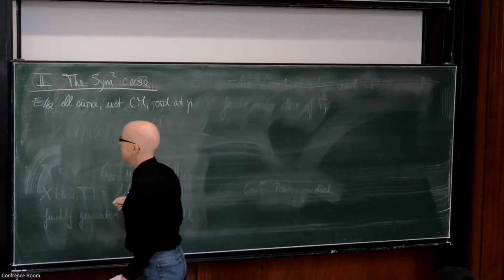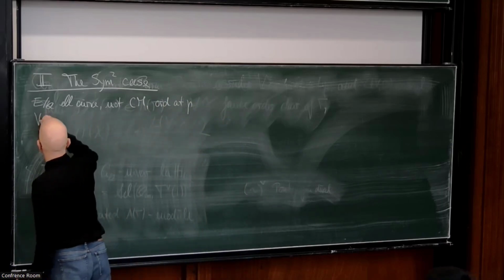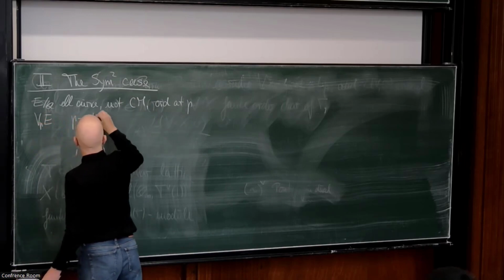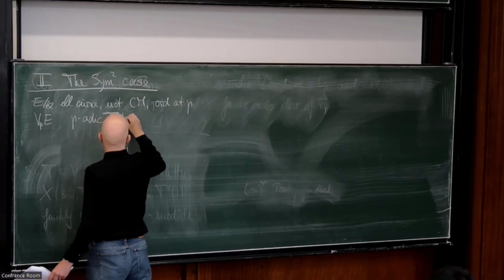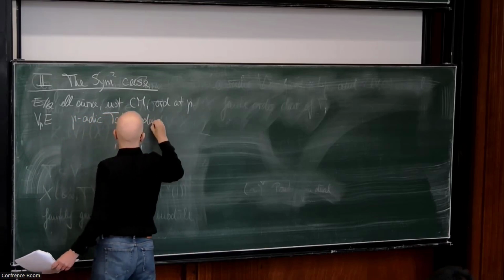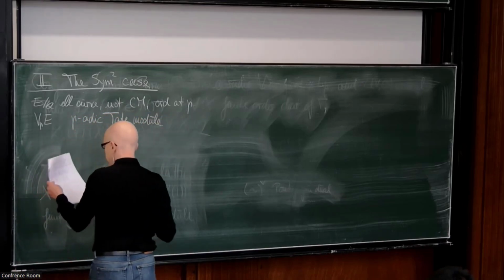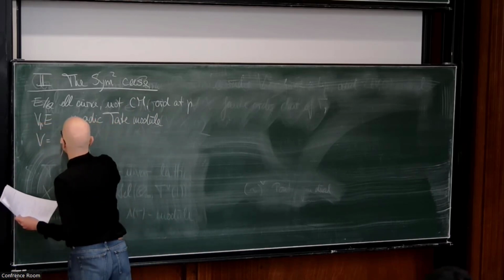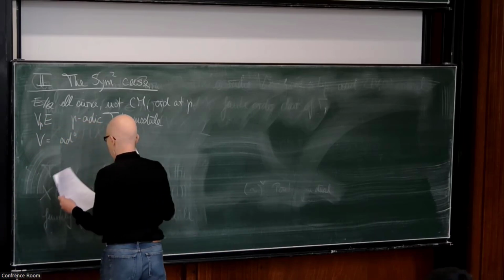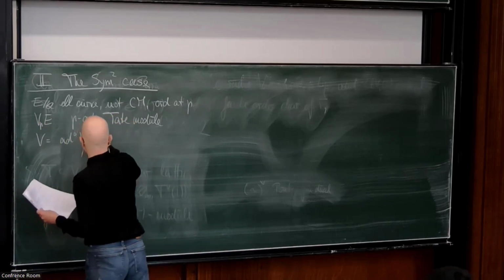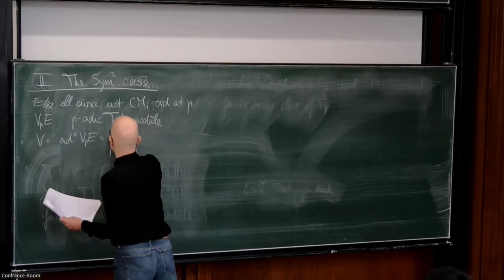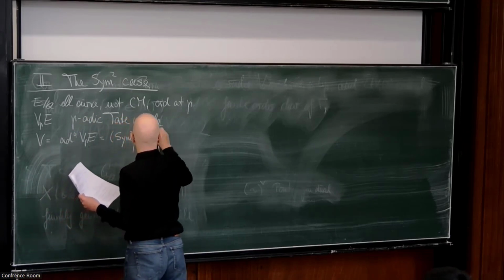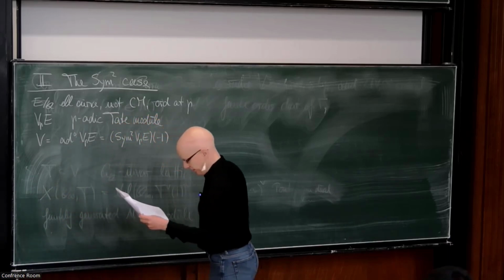We let V_p(E) be the p-adic Tate module attached to E. The p-adic representation that we want to study is the adjoint representation of V_p(E), which explicitly is the Sym squared of V_p(E) twisted by -1.